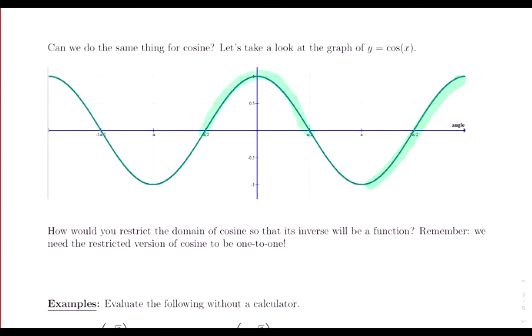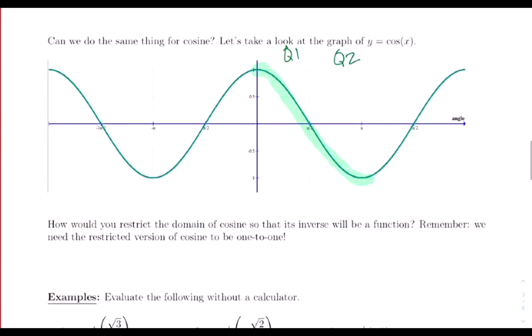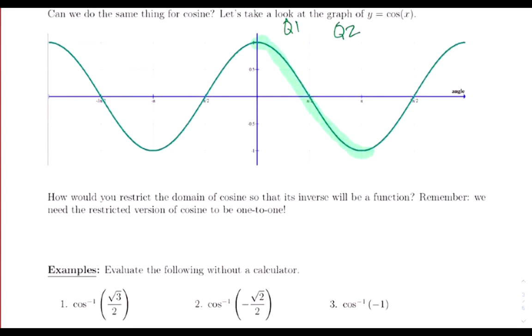But remember, cosine's positive in 4 and 1, so that doesn't work. But we will use this. That's quadrant 1 and quadrant 2. So we're going to restrict to 0 less than or equal to theta less than or equal to pi. So quadrants 1 and quadrant 2, the top half.